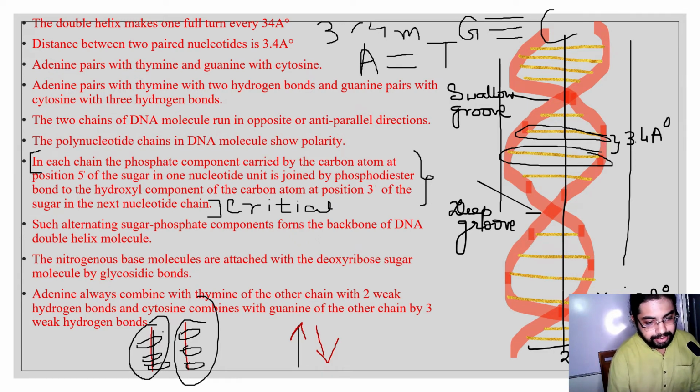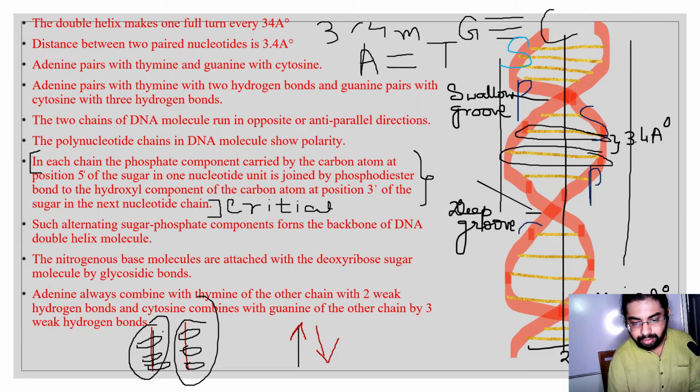Such alternating sugar phosphate components form the backbone of the DNA double helical model. So let's say this is one strand of DNA. Here will be one sugar and this will be phosphate.